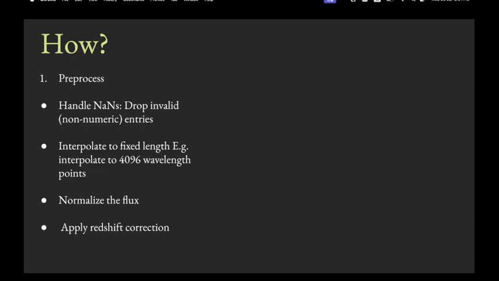We also normalized the fluxes. Of course, someone could choose not to apply the redshift correction, but instead have a network predict the redshift, rather than doing it before the training.